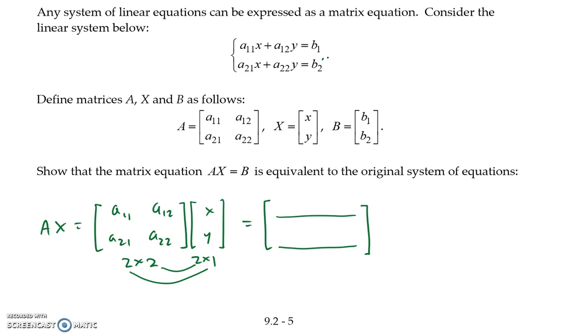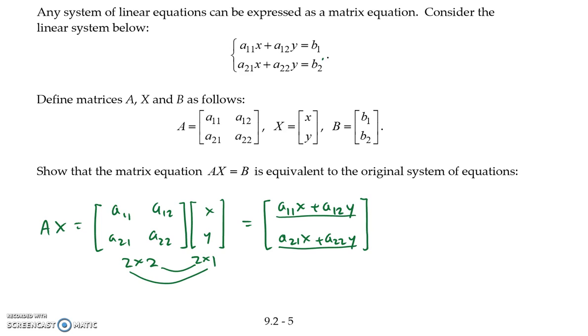Okay, what would the entries be? Well, there are only 2 entries, which would be generated from rows of A and the column of X, doing a dot product. That would be performed as a11x plus a12y, and then using row 2 with column 1, a21x plus a22y.